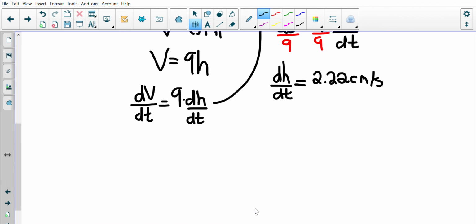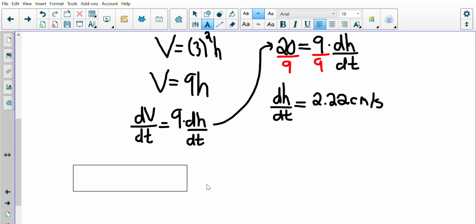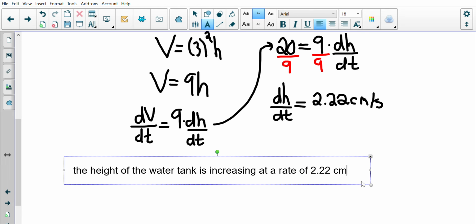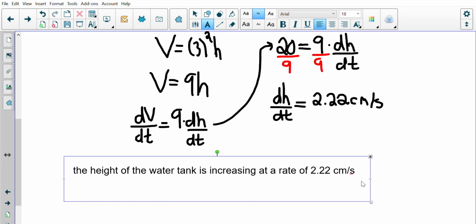And so a little therefore statement is that the height of the container, water tank, I should say, is again increasing, because it's a positive rate, at a rate of 2.22 centimeters per second. Now I'm going to add this part in, but not necessary this time, when h is equal to 2.5 meters.